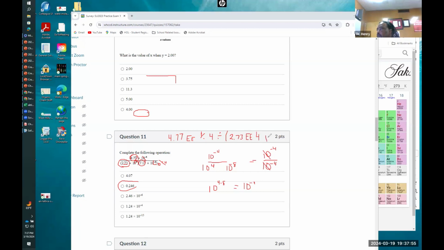And then you're going to go times 7.11 EE, that plus minus symbol, 8. So then it gives you a minus 8. And close your parentheses and then hit your equal, or execute. And so you should end up with this value.